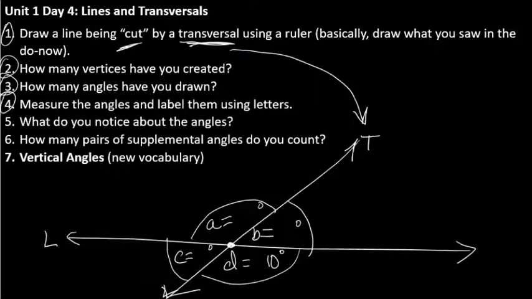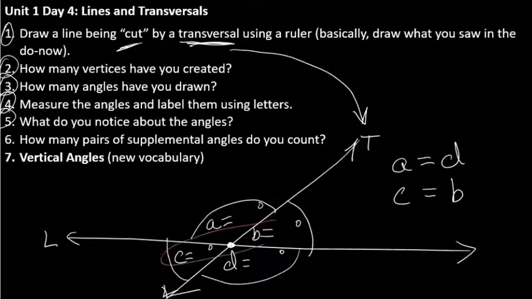Once we've measured them and labeled them using letters, what we notice about the angles is that angle A and angle D are equal, and angle C and angle B will also be equal. If I color code, B and C would be equal, and A and D would be equal.